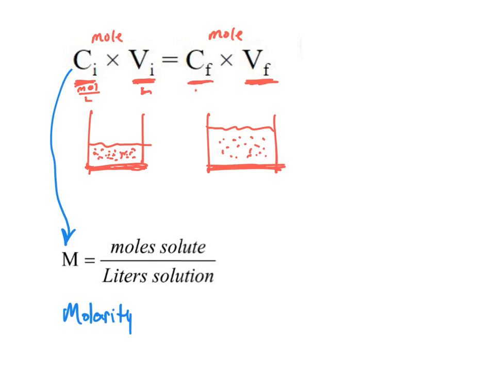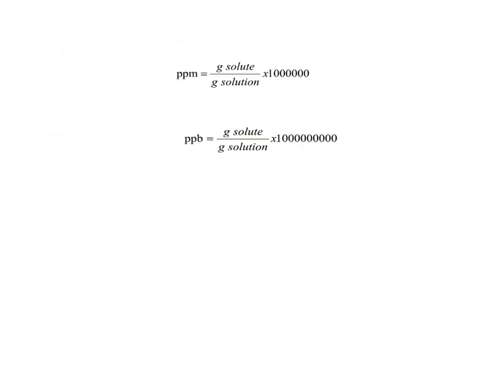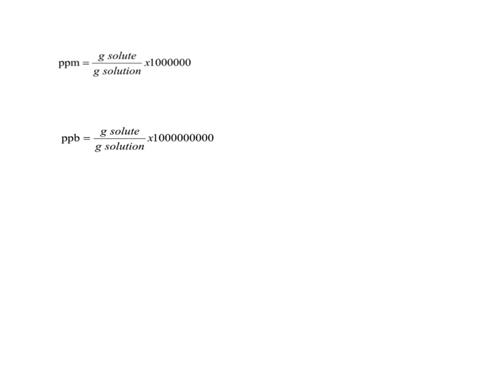Now, another way to do it would be to measure parts per million. For parts per million or parts per billion, you're going to take the number of grams of solute divided by the grams of solution.